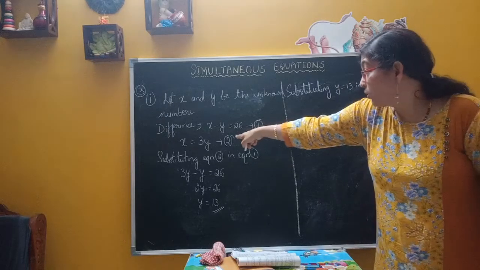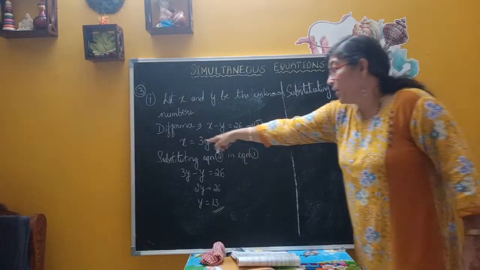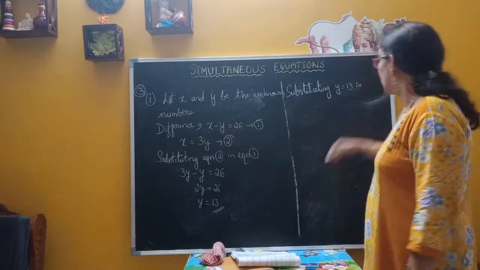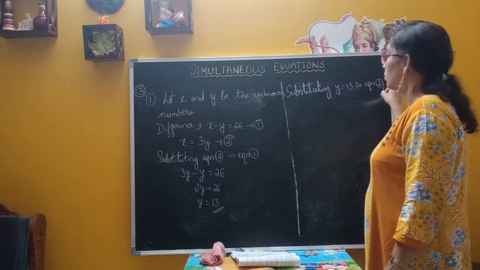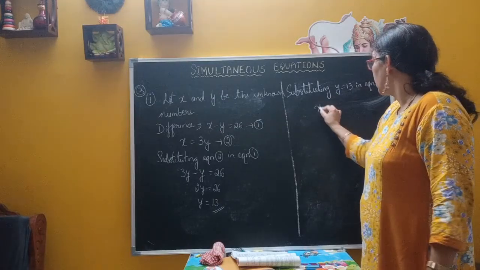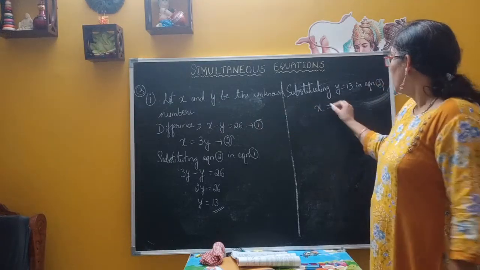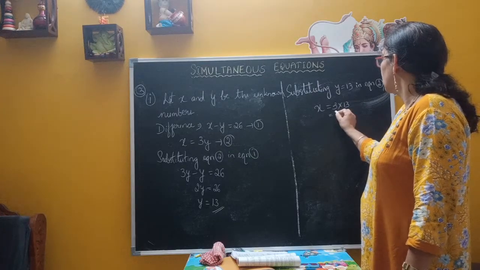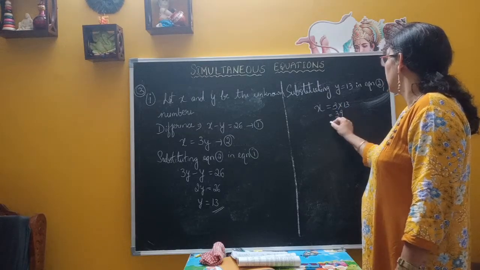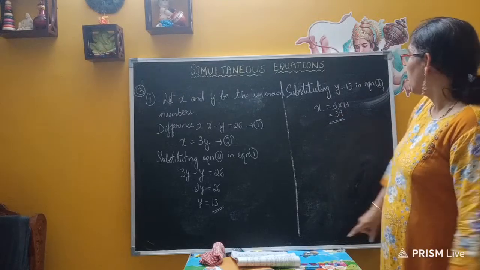You can substitute in equation 1 also, but since equation 2 is direct, I substitute in equation 2. Equation 2 is x is equal to 3 times y, that is 3 into 13. How much is it? 13 3s are 39. x is equal to 39.